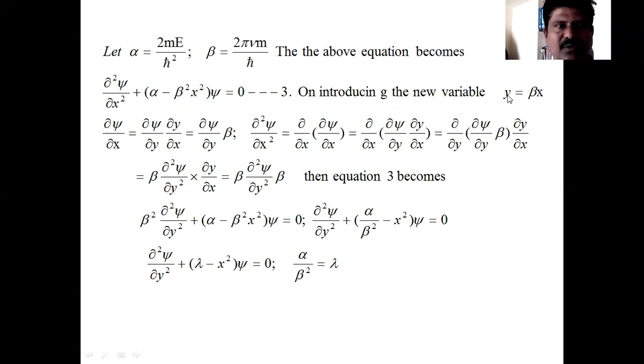Now you have to introduce one more new variable, y equal to beta into x. In order to do this, let us differentiate with respect to x. So dou psi by dou x equals dou psi by dou y into dou y by dou x, because the given quantity is a variable of y equal to beta into x.